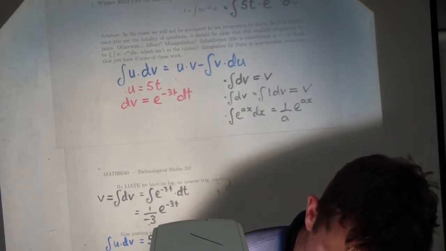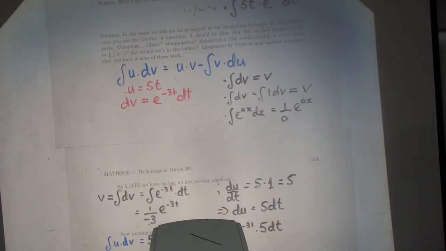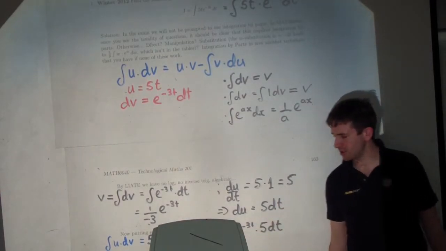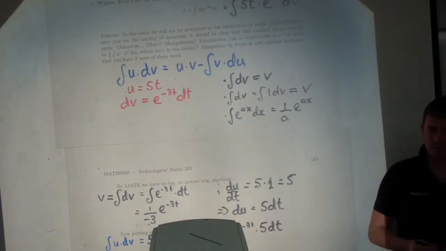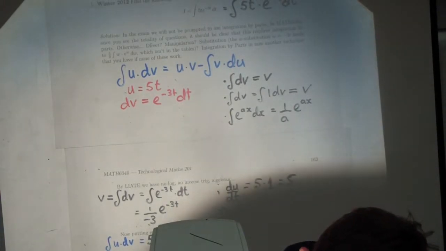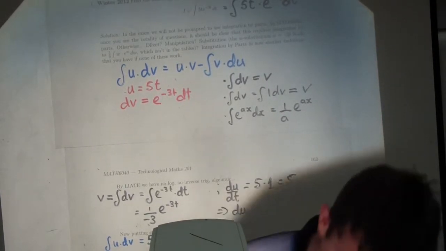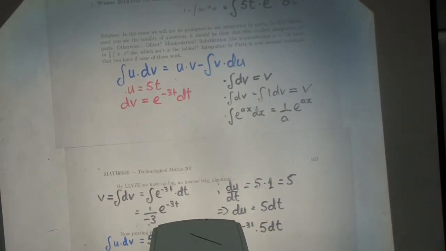So the minus, you got plus by minus, that's a minus. Now you got 5 divided by 3, or 5 by a third, 5 thirds, whatever way you want to think of it, times e to the minus 3t, and the t. So minus 5 thirds t e to minus 3t. Now what we're going to do with the other thing is fix the constants. So what are the constants multiplying in this?